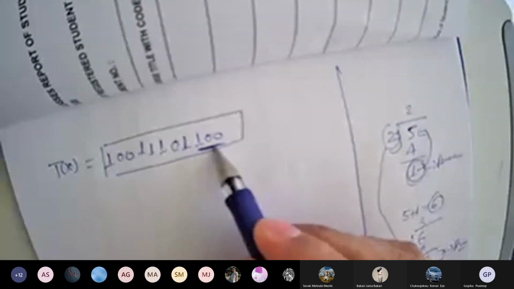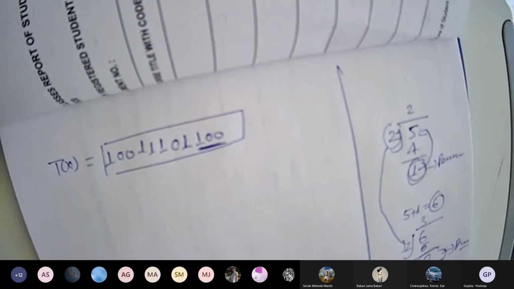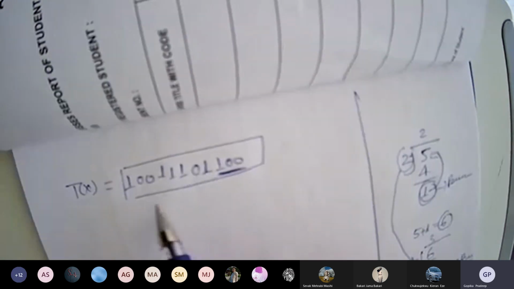Whatever the remainder is, you are appending or adding it, or not? At first step, we are adding it along with the original frame for transmission. You have added it with the transmission frame.